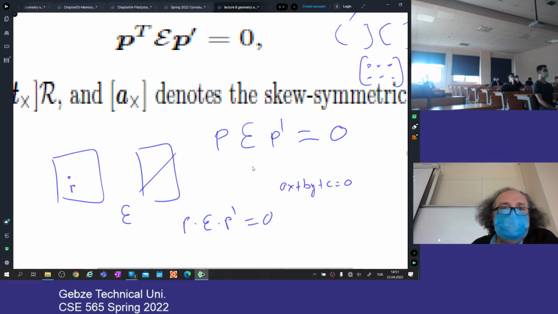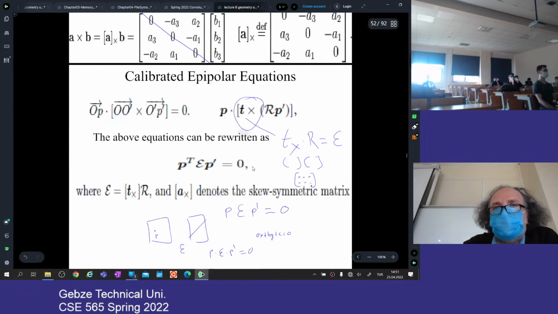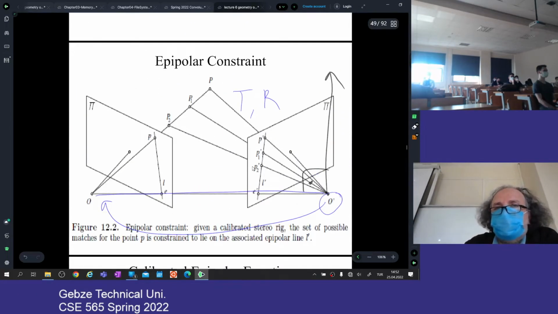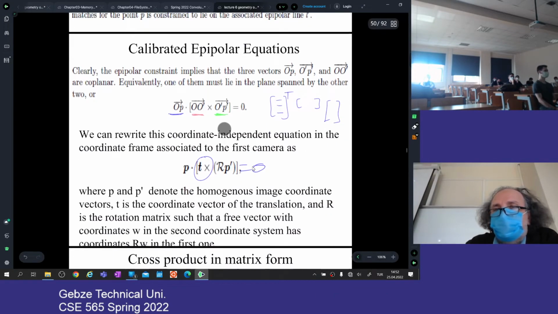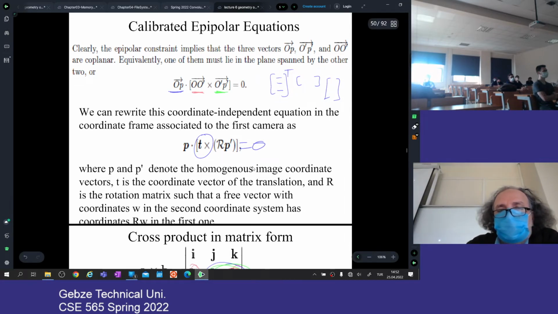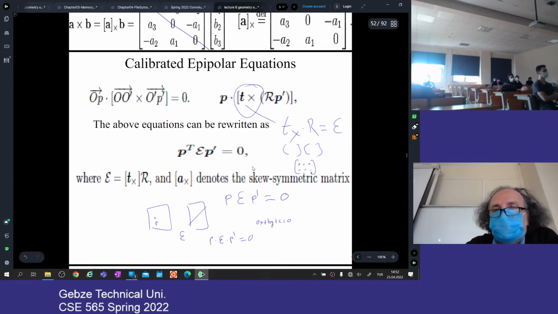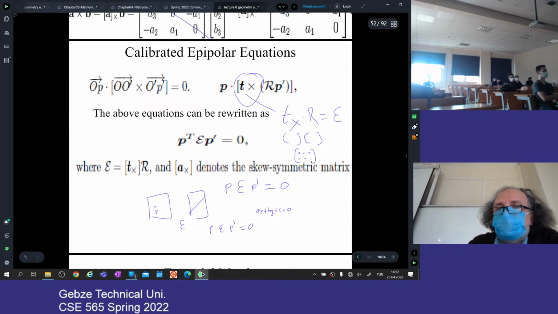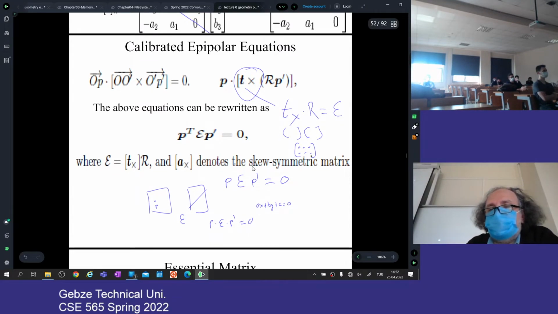So this is what we came up with, starting from the assumptions of the epipolar geometry, the epipolar plane. The plane gave us this formula. From this formula, using our camera parameters, the baseline vector and the rotation matrix, I came up with this, and representing T as a skew symmetric version, I write this formula.